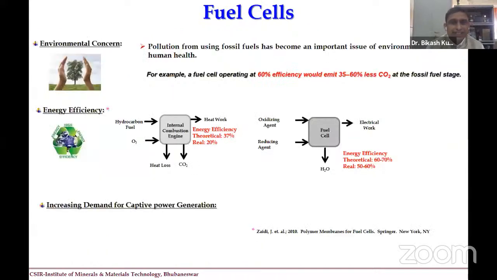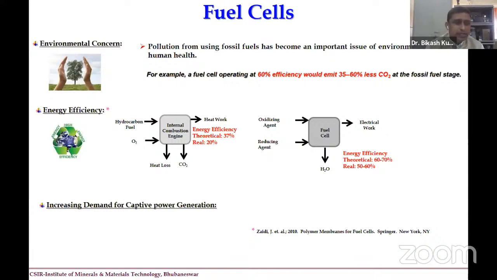Also, from the environmental point of view, the pollution from using these fossil fuels is very high. A fuel cell that operates at 60% efficiency will emit much less carbon dioxide compared to an engine that uses fossil fuel, which generates very high carbon dioxide.